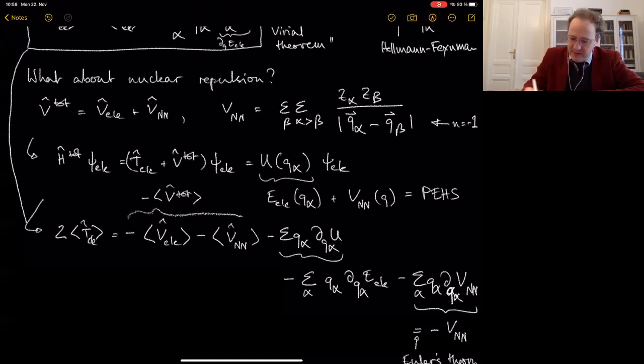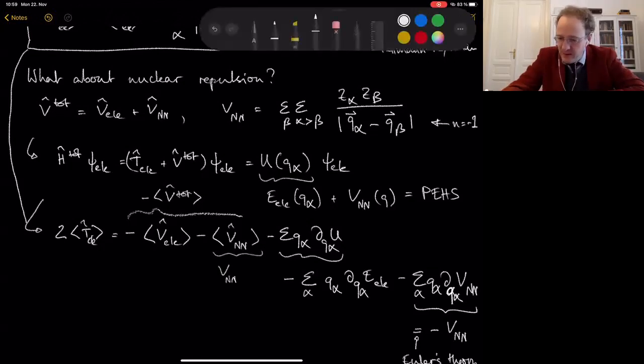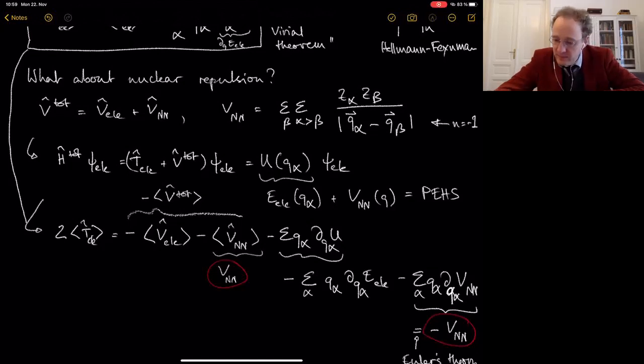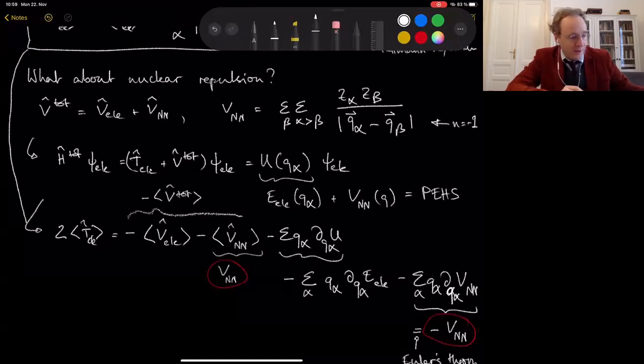So you have this VNN, and this is your VNN, right? And so these two terms exactly cancel, this one and this one, they cancel. And so you see that the nuclear contribution to the force in the molecular Virial theory drops out. Right.